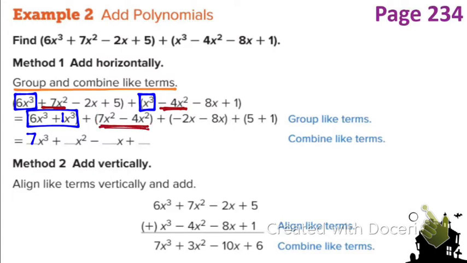What do I get when I combine 7 and negative 4 together? 3x squared. It's just 7 minus 4. Whenever we combine, guys, that means we're adding and subtracting things. We never mean multiply or divide if I just say combine our terms.